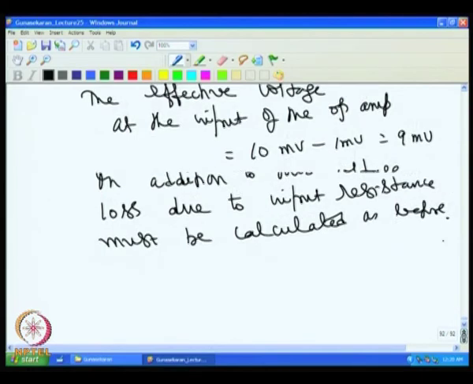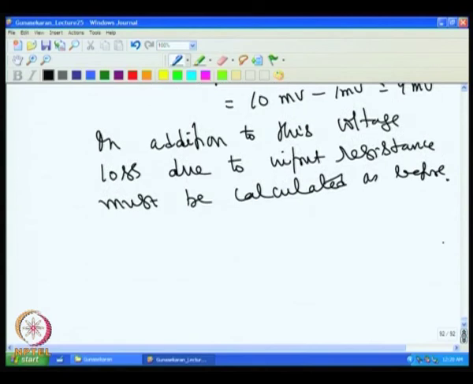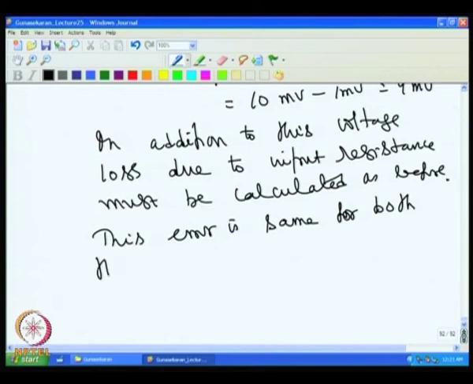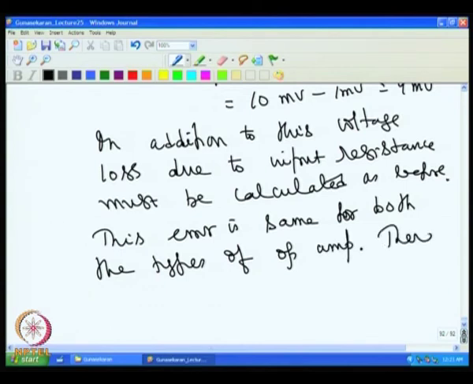There is no difference between the two types for the loss due to input resistance. This error is the same for both types of op amp.